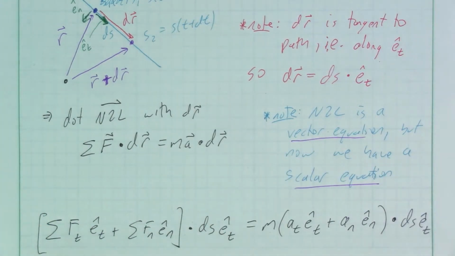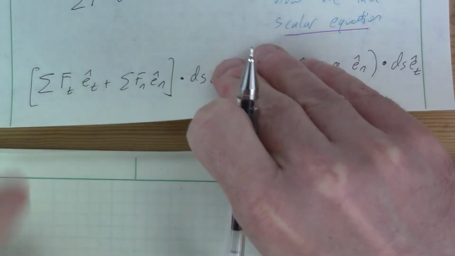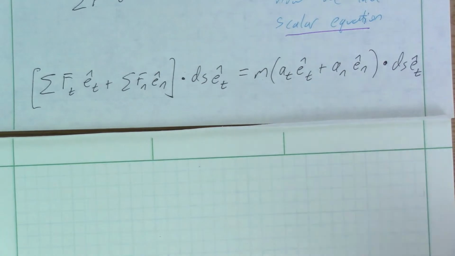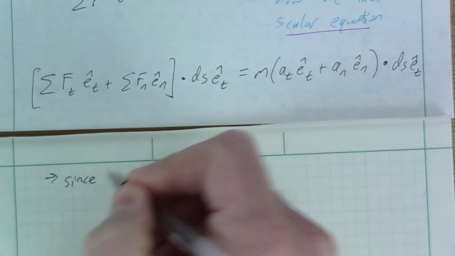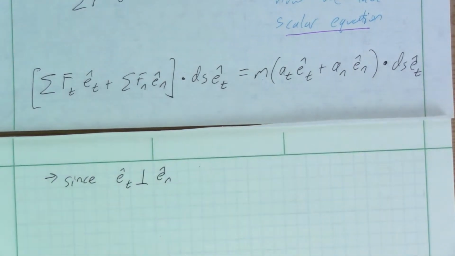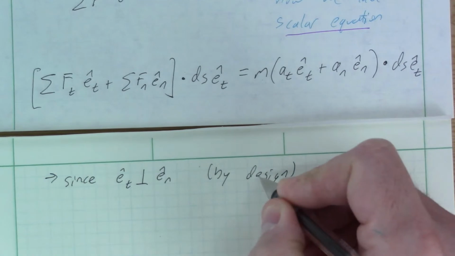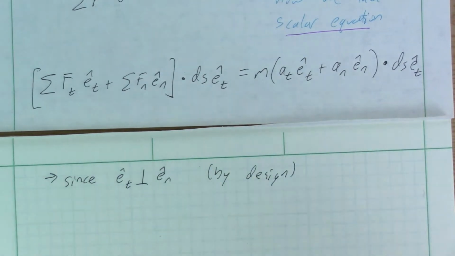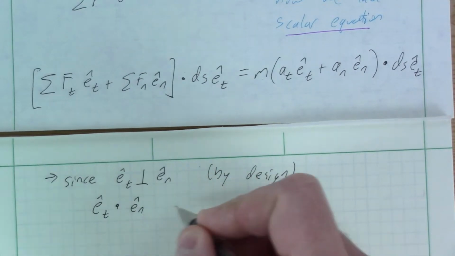Now we need to make some space here, because we have some work to do. Now this is another advantage of having the natural coordinate system, right? Since e_t is perpendicular to e_n, and this is true of any good coordinate system, whose base unit vectors are perpendicular to one another, e_t dotted into e_n is 0.